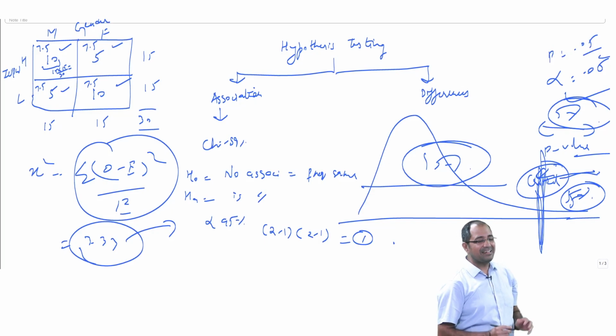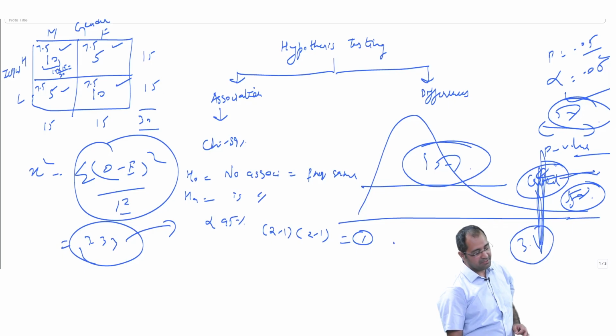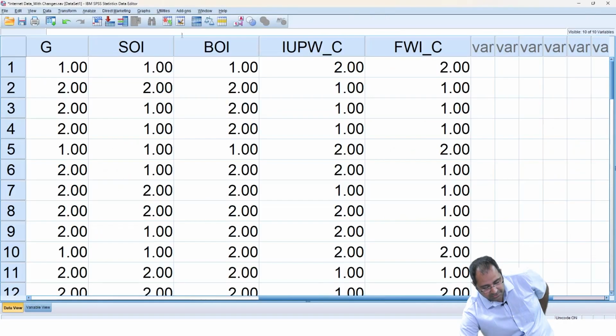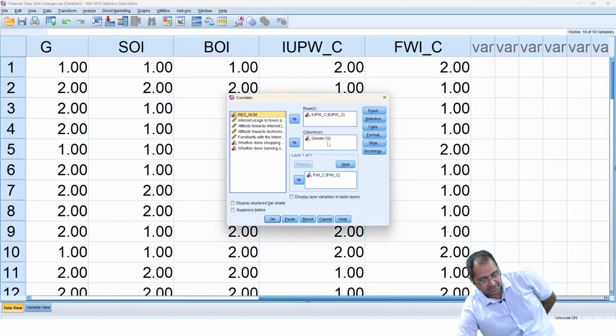Let's say this critical value is 3.1, which means what is the probability that you obtain a sample with a difference higher than this, and this probability is written here: only 5% probability that you obtain a sample which has a chi-square value higher than 3.1. So we go to analyze, descriptive statistics, crosstabs.